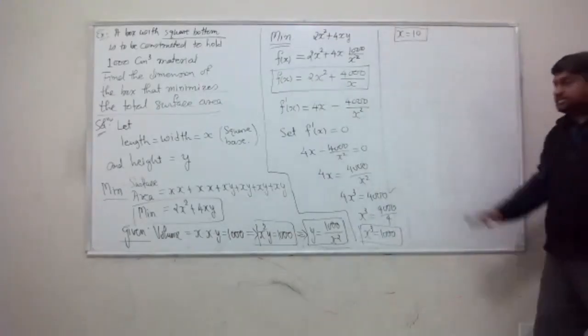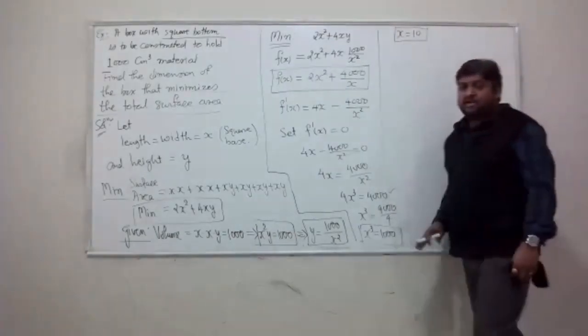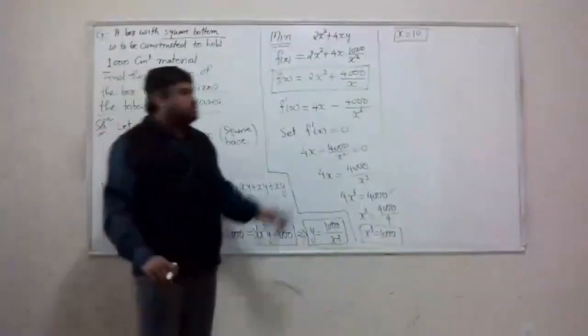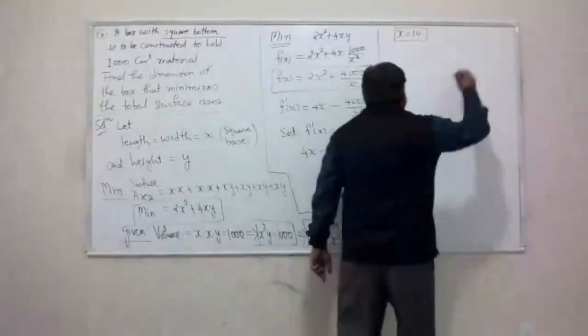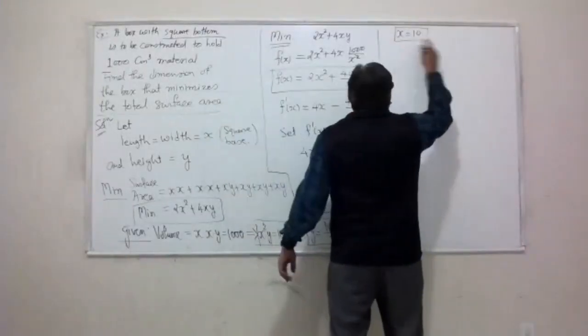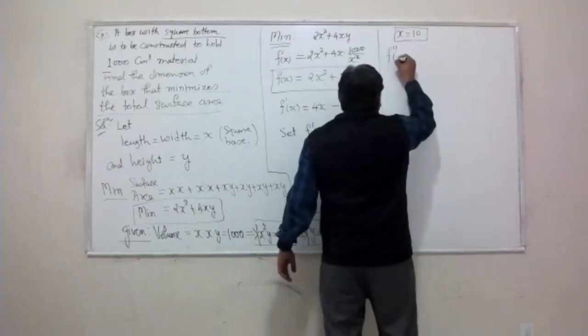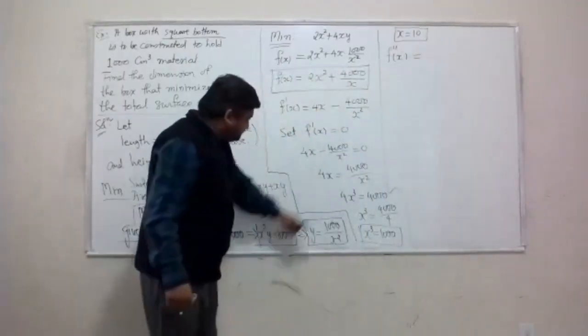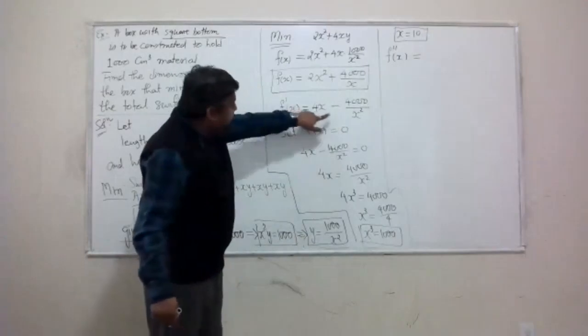We still don't know whether x equal to 10 is going to maximize or minimize our function. So what I'm going to do next is use the second derivative test. Compute the second derivative of this function. Find f double prime x.